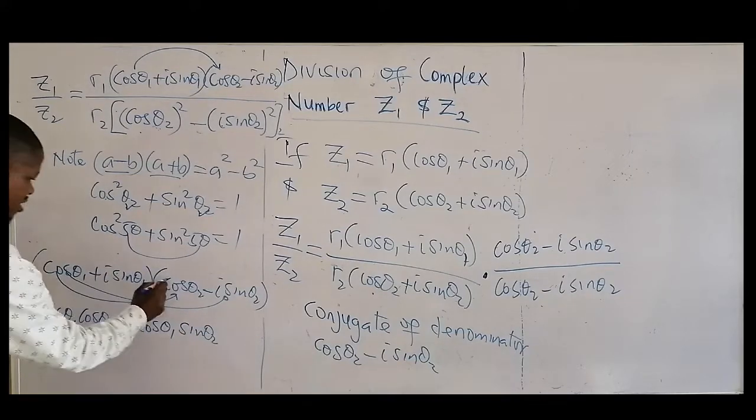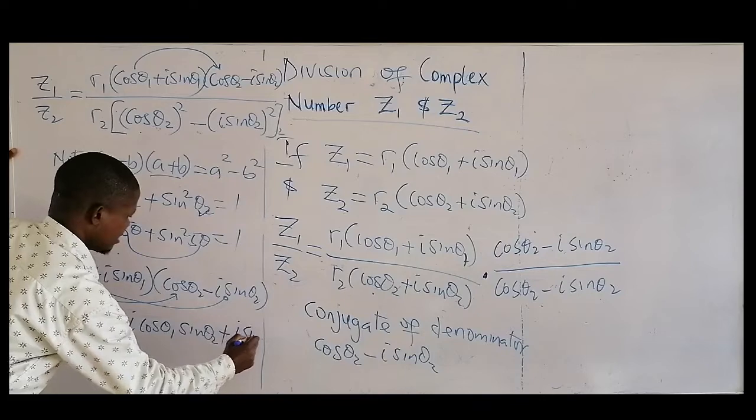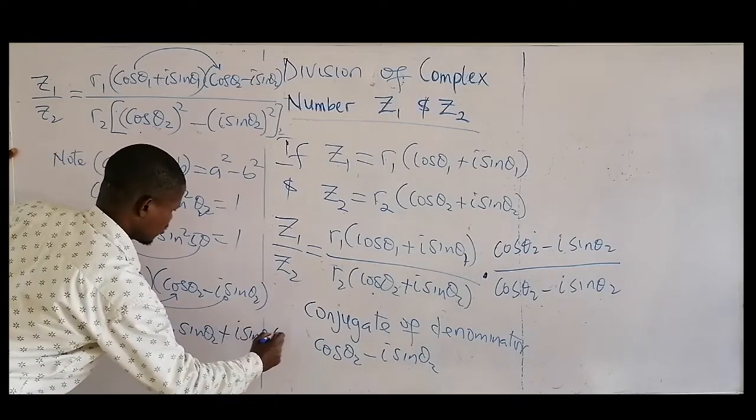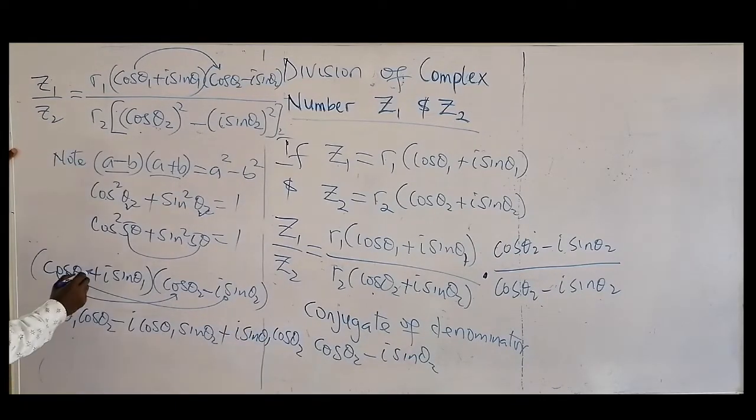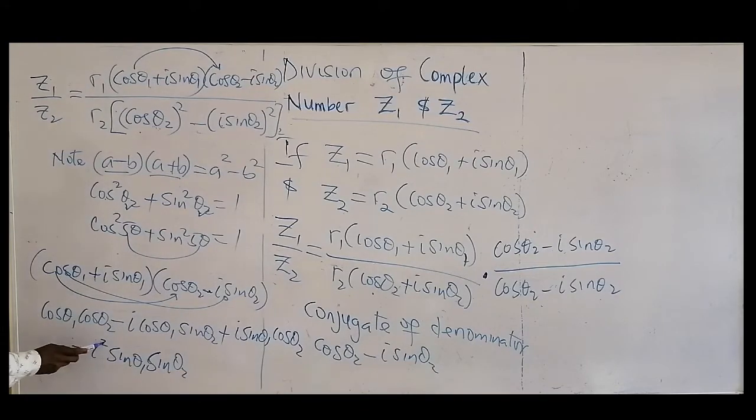Then plus i sine theta 1 cos theta 2. Finally, plus times minus is minus, so I have i squared sine theta 1 sine theta 2, and don't forget that this will become plus.